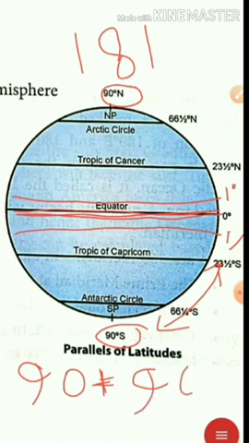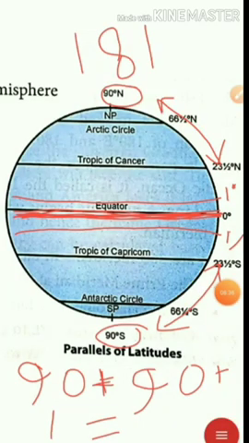So 90 plus 90 plus the equator. The equator is also a latitude, so plus 1, equals 181. Do you understand?